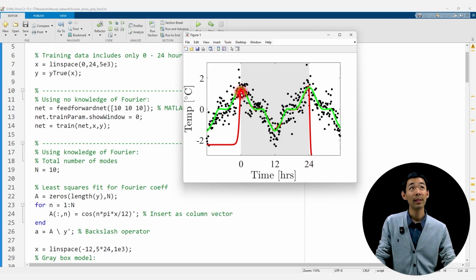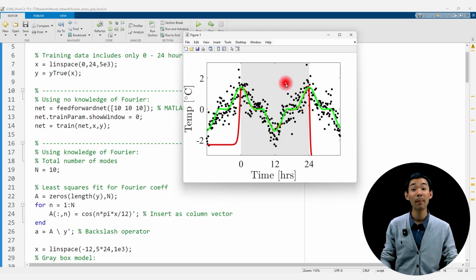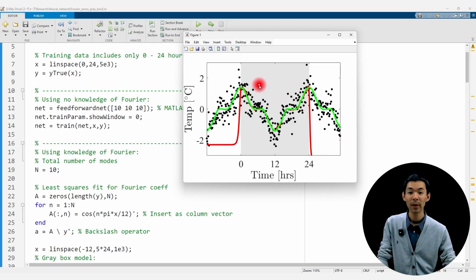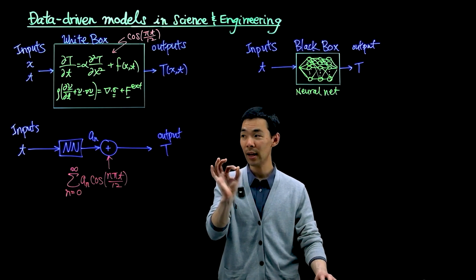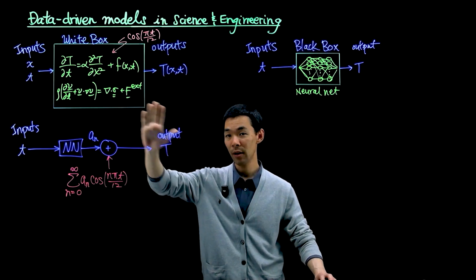The red was the black box, and the green curve is this approach that we've shown here that combines physical insight with a data-driven approach. What you can see is that the green curve agrees with the data very well, not just within the data set that I fed to learn the data-driven part of the block. Again, I only use data between 0 and 24. That's the only data that this model here knows about.